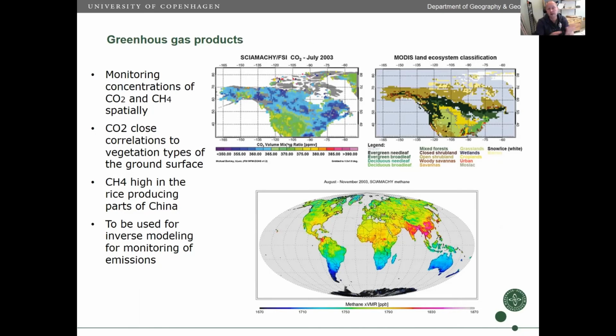So these products are increasingly important for our predictions of how climate change is occurring across Earth.